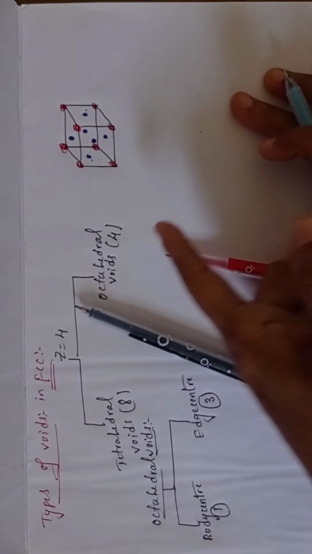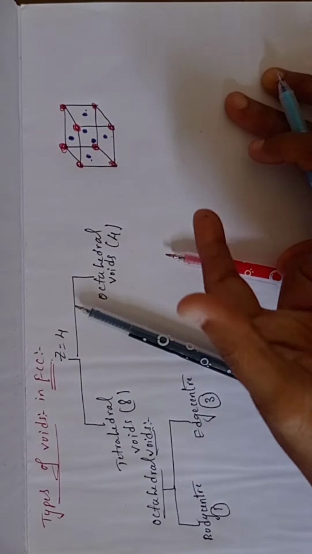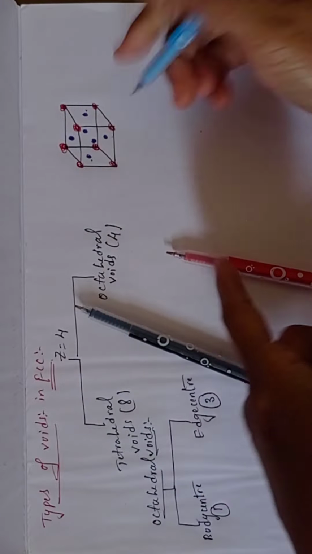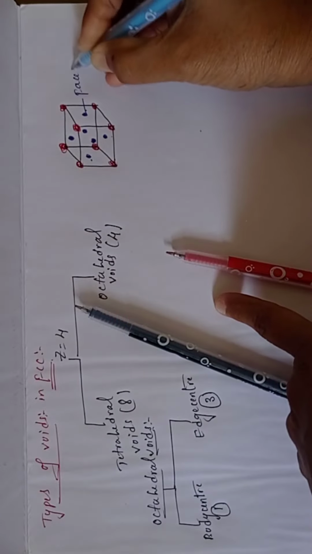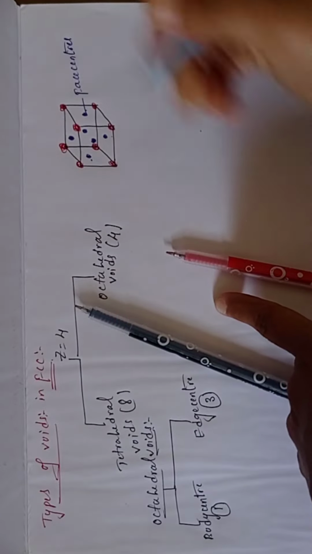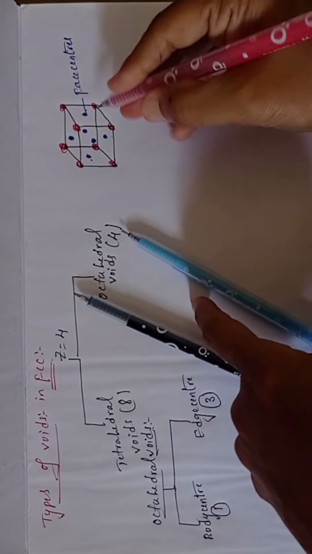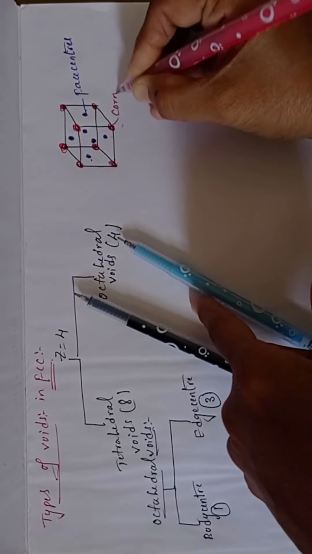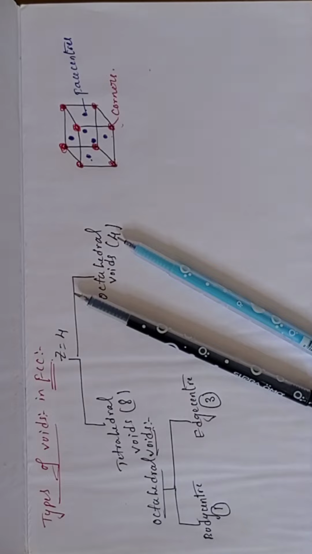Understanding? This is the back face center. Are you understanding? Total 6 face centers will be there, and these are the corners.